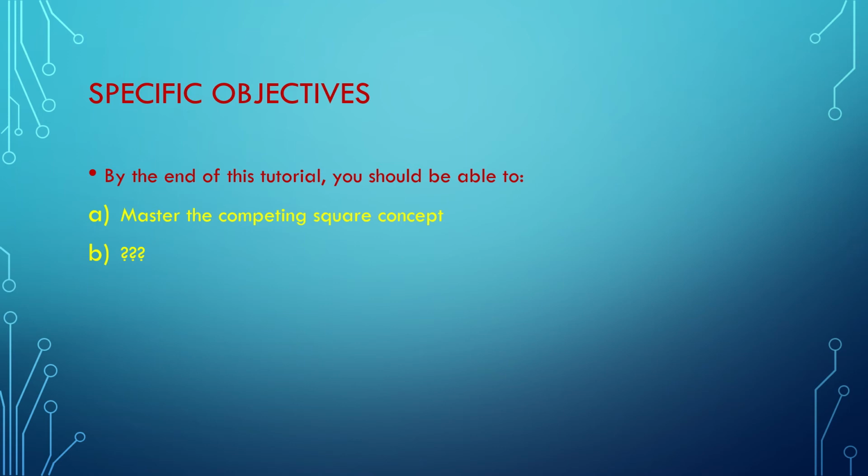I shall request you to be active in this session, though how passive it shall be from my side. I shall be the one teaching, but I pray that at the end of the tutorial you shall be enlightened by two objectives. One, you should be able to master the completing square concept, and also the second objective, which I'm leaving up to you to unleash by the end of this tutorial.